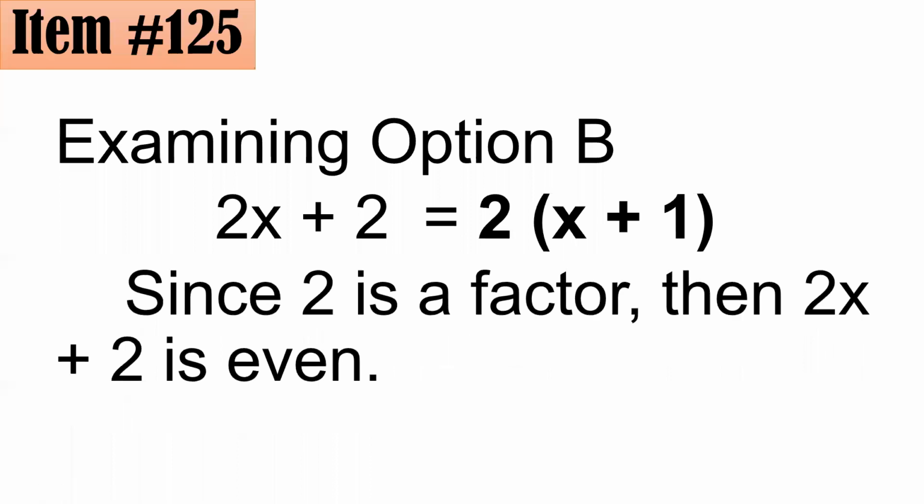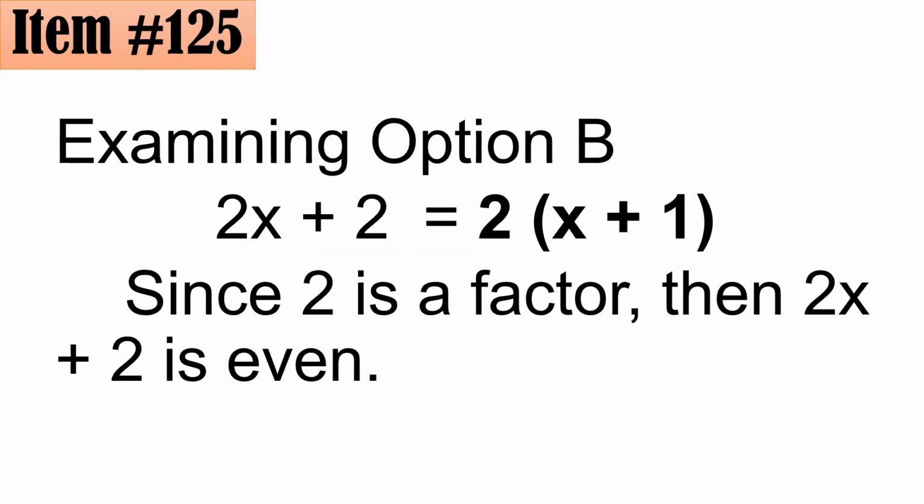And if you could see po, sa given form na to, you could see that 2 here is a factor. And by definition, if 2 is one of the factors, then it follows that the given expression is an even number. So since 2 is a factor, then 2x plus 2 is always even for any integer value of x.